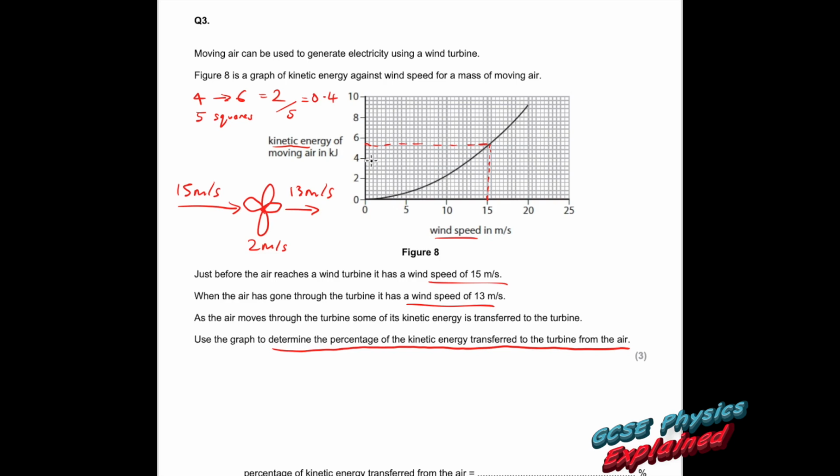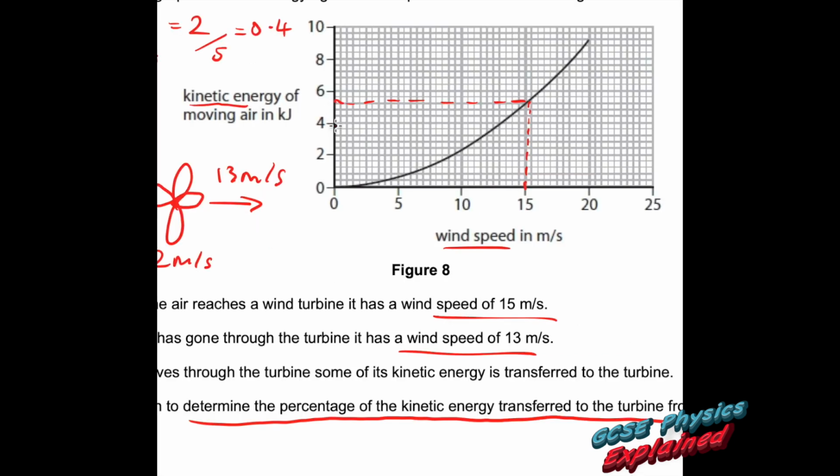So each little square is 0.4. Now I reckon that's 1 square, 2 squares, 3 squares. So that's 5.2. So that reading there is 5.2 kilojoules of energy. So when the wind's got 15 metres per second of speed, it's got 5.2 kilojoules of energy.